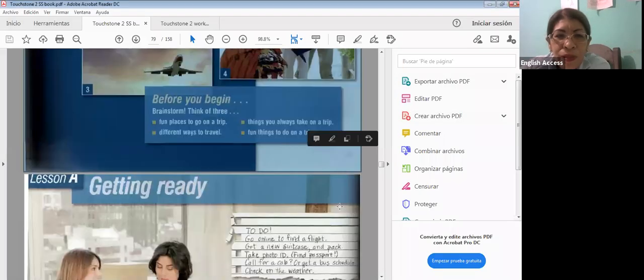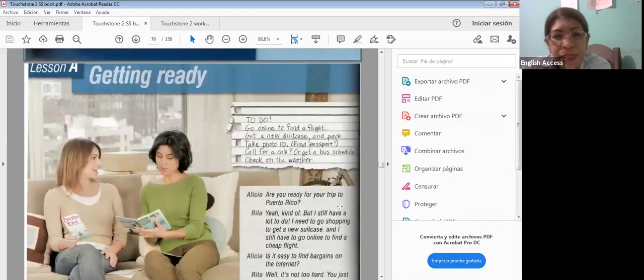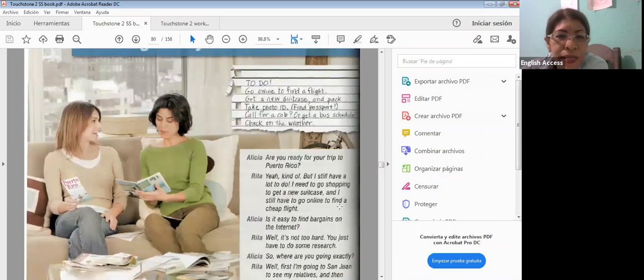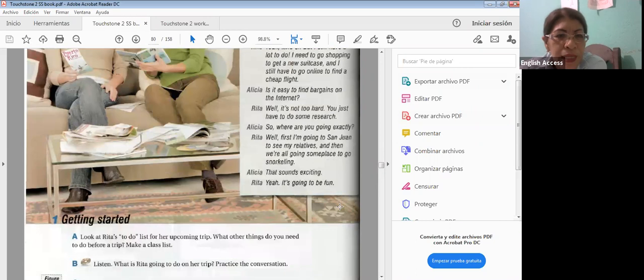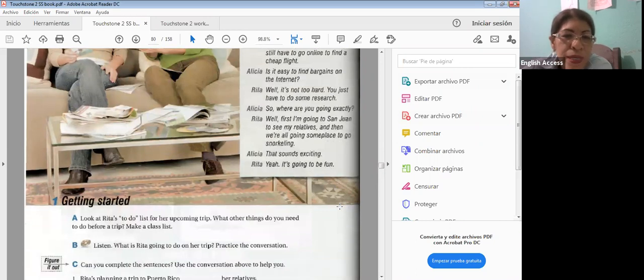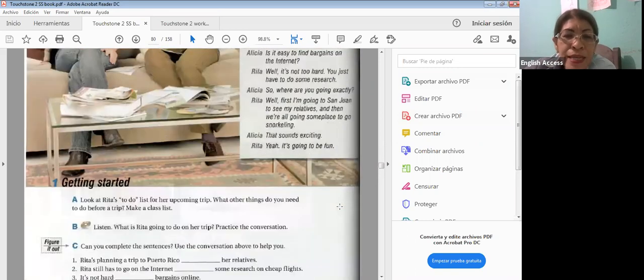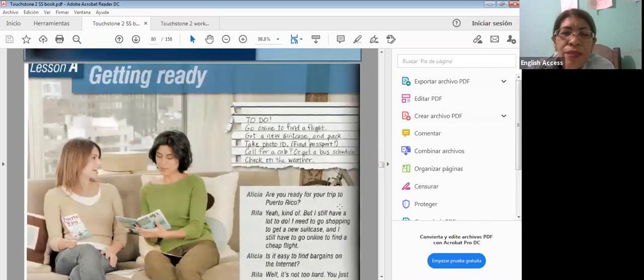Okay, so lesson A, it says getting ready. The exercise 1A says, look at Frida's to-do list for her upcoming trip. What other things do you need to do before a trip? Pay attention. Here it says that Rita is going on a trip.